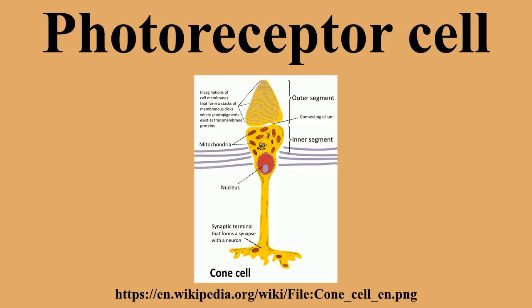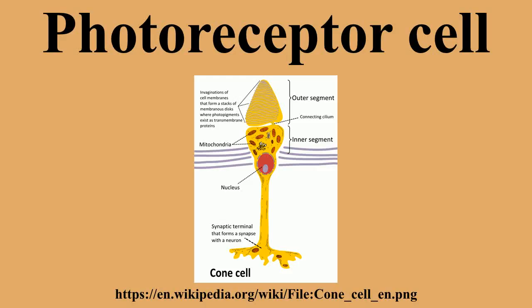This results in a series of unstable intermediates, the last of which binds stronger to a G protein in the membrane, called transducin, and activates it. This is the first amplification step. Each photoactivated rhodopsin triggers activation of about 100 transducins. Each transducin then activates the enzyme cGMP-specific phosphodiesterase.